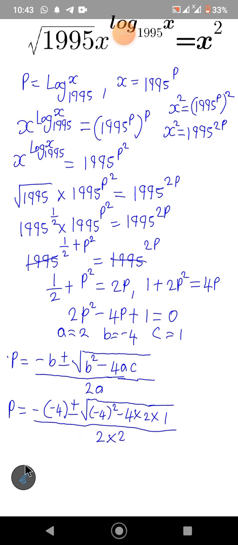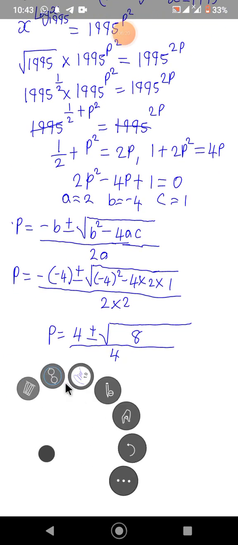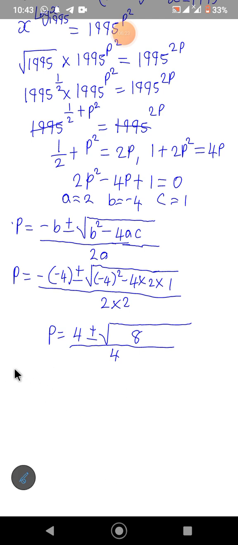2a means 2 times 2. Then the next thing we say p will be equal to minus multiplied by minus, so we have 4 plus or minus the square root of, after simplifying the whole expression inside, I got 8, all over 4. So p is equal to 4 plus or minus the square root of 8, which is 2 root 2, all over 4.